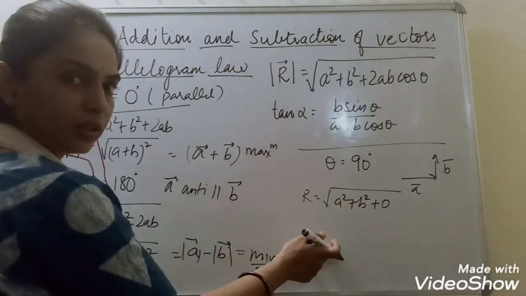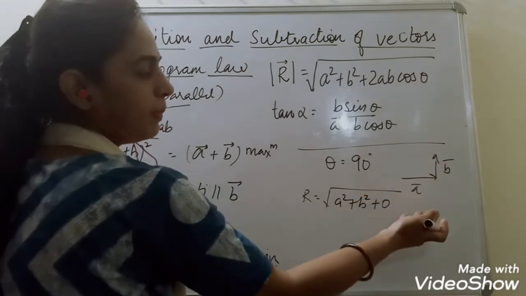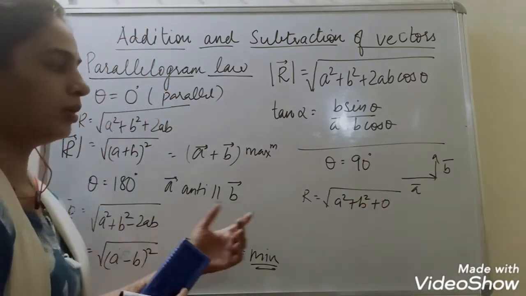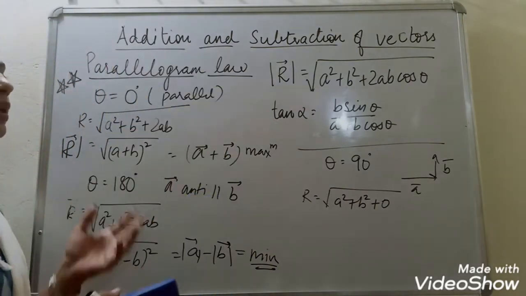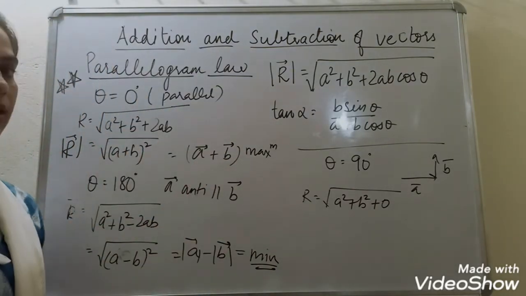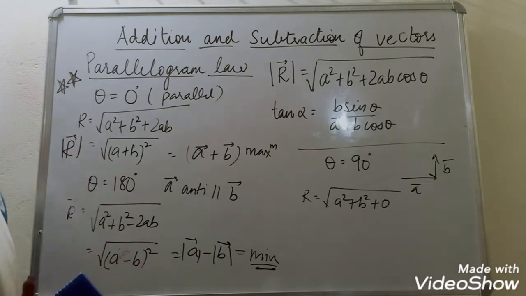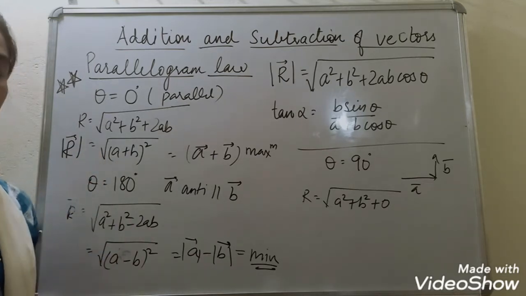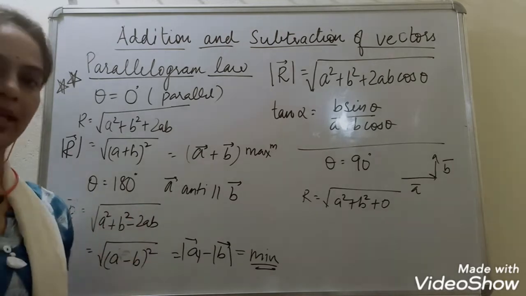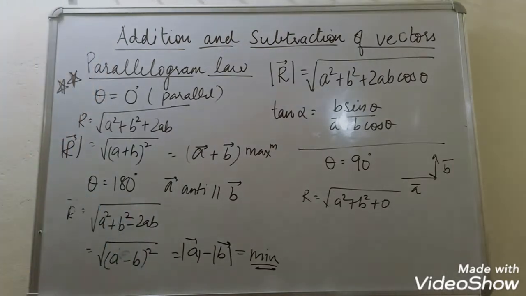Obviously, that is the Pythagoras theorem. So you can simply apply the Pythagoras theorem, A squared plus B squared, when theta is 90 degree. And in all the three cases, you can find the direction also. So this is about the parallelogram law of vector addition. We will study the numericals based on this in the next class. Thank you.